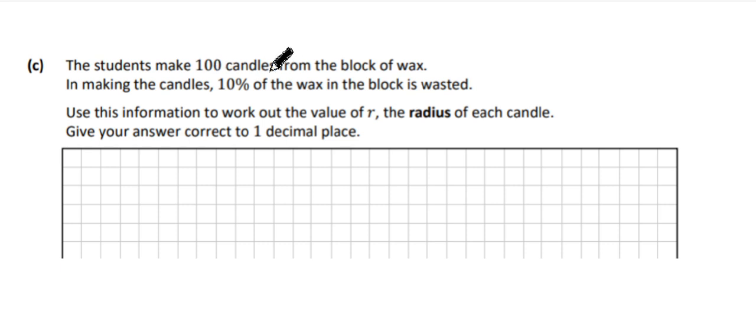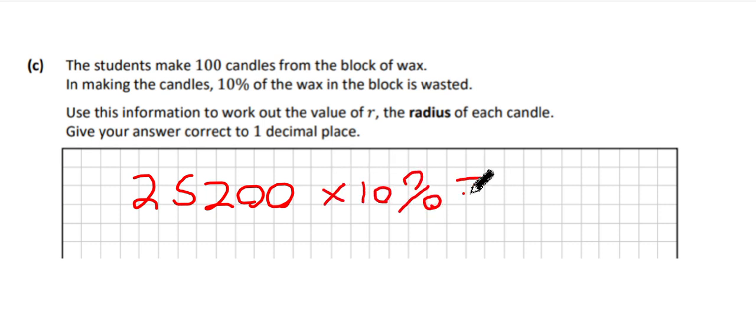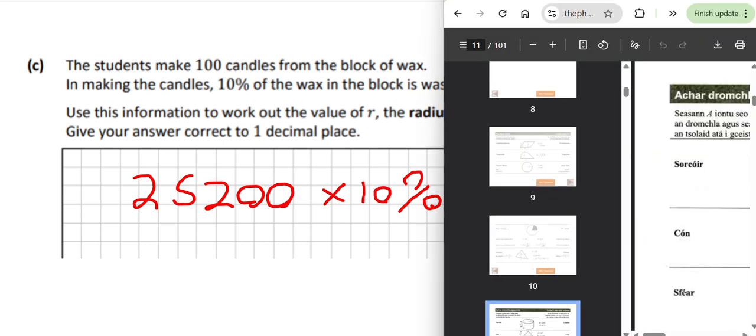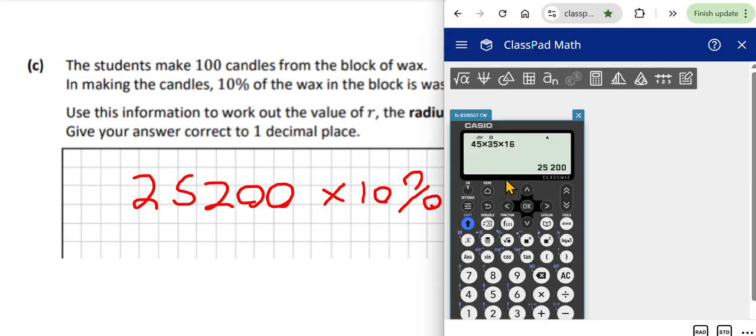Students make 100 candles from the block of wax. In making the candles, 10% of the wax is wasted. Now, remember that 25,200 we had initially? 10% of that goes to waste. So multiply that by 10% and then take it away, because 10% of it never makes it to the candle.